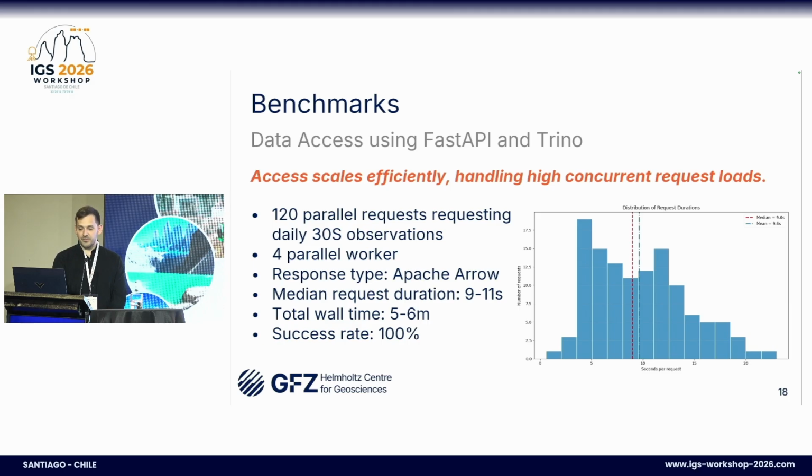So we have 120 parallel requests requesting daily 30-second observation data, which is basically used in a rapid or an ultra. And we have Apache Arrow as the response type. So the median request duration was between 9 and 11 seconds. And the total wall time, so the time from asking for 120 stations and getting them all back, was between 5 and 6 minutes.